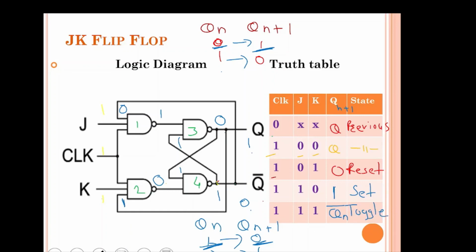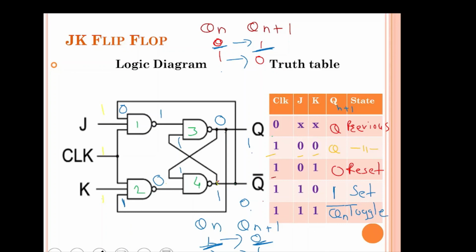And this is a very important state for the JK flip-flop because here the limitation of SR flip-flop is removed. In SR flip-flop, if we apply the input S is equal to R is equal to 1, 1, then we get the forbidden state or the not allowed state because both the outputs are forced to be equal to 1. But this drawback is removed in the JK flip-flop.